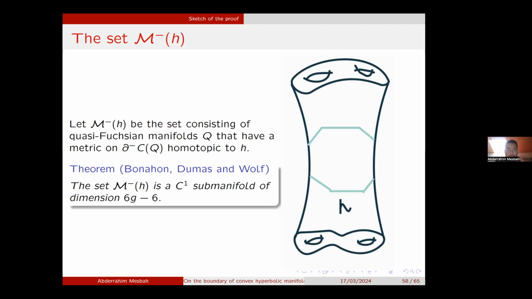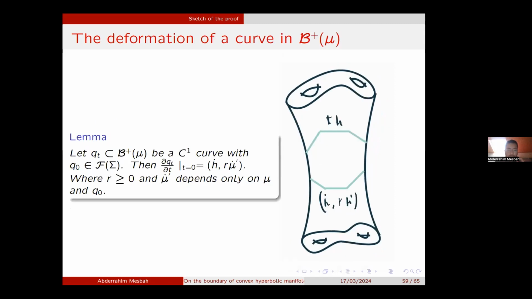Here we will use a technical lemma to deduce this partial uniqueness statement.